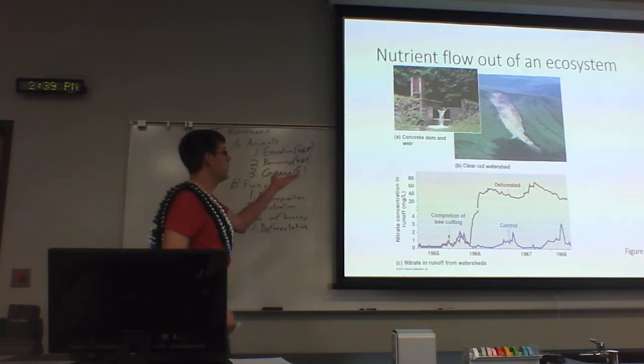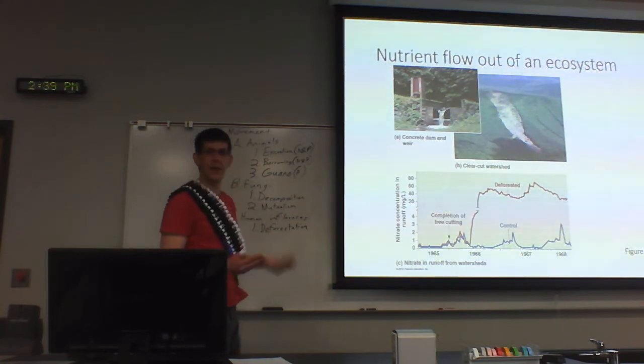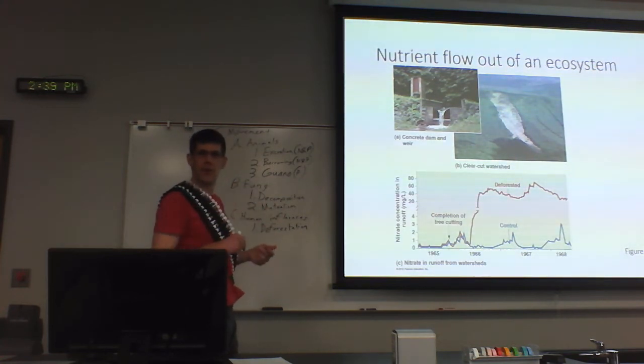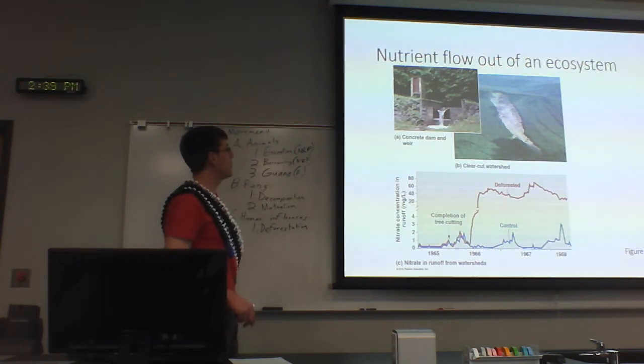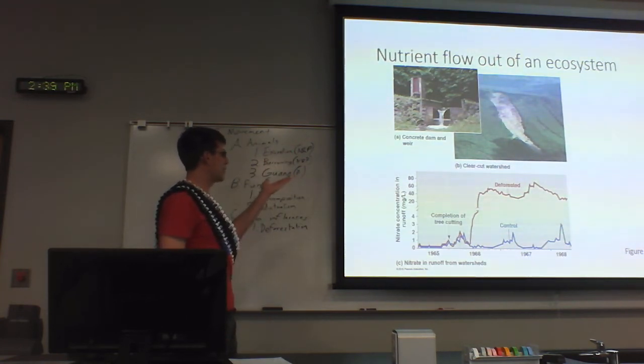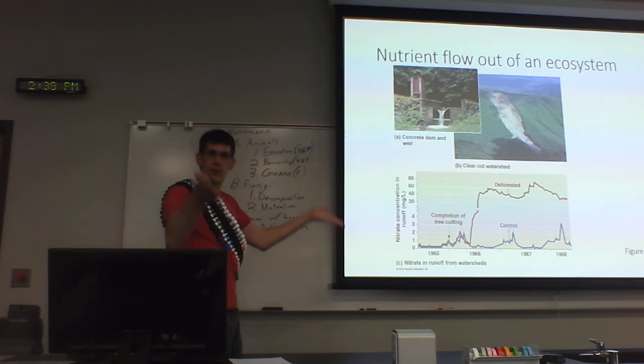Here's a good example. What happened here is there's this concrete dam in the weir that's allowing us to measure the amount of water that's coming off, and also take little samples of that water to see what nutrients are coming off. And that concrete dam is at the base of this mountain range here in New Hampshire, I want to say. All of that space that has been deforested, all that water flows through that one little dam.